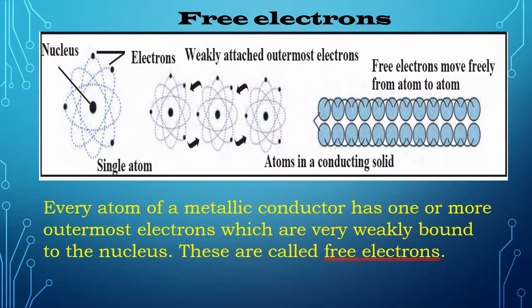As shown in the figure, these electrons can easily move from one part of a conductor to its other parts. The negative charge of the electrons also gets transferred as a result of this motion. The free electrons in a conductor are the carriers of negative charge.